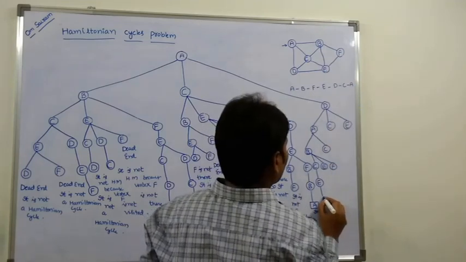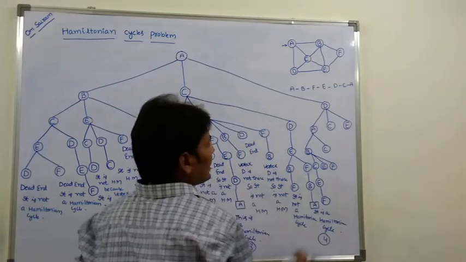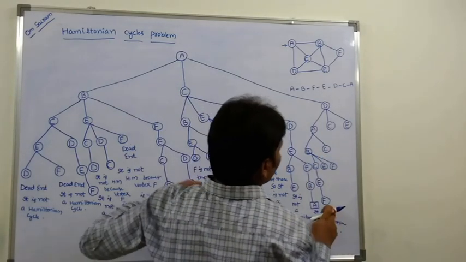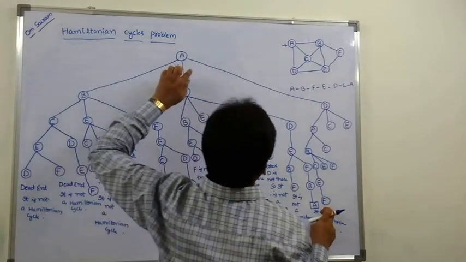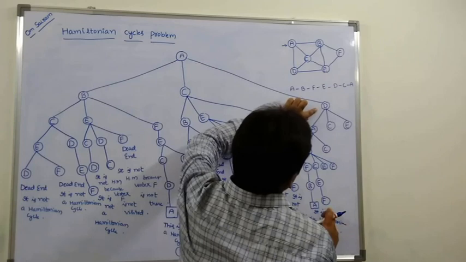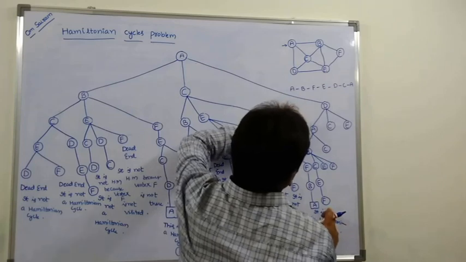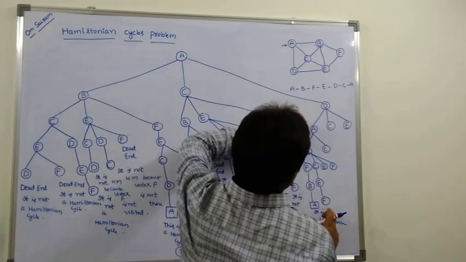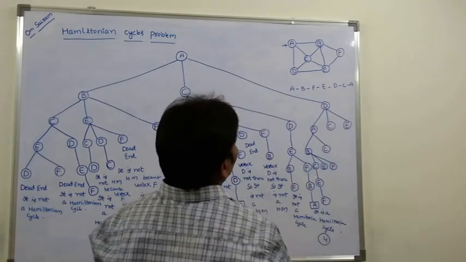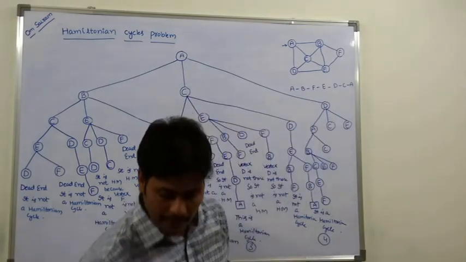F is not there. What are the adjacent nodes for F? D and E. Now consider whether it is a Hamiltonian cycle or not. A, D, A. So it is visited a second time.